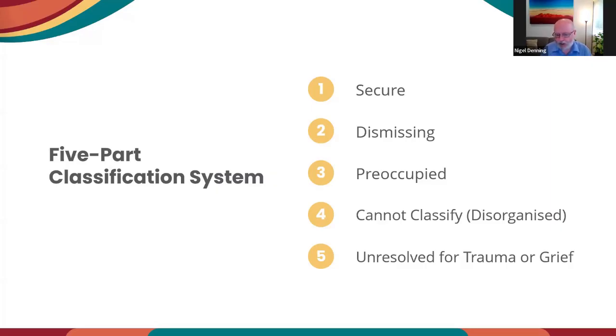So you get this sort of partialization that emerges from a transcript for unresolved for trauma and grief. And there are questions specifically within the 20-question protocol that assesses for trauma and grief.